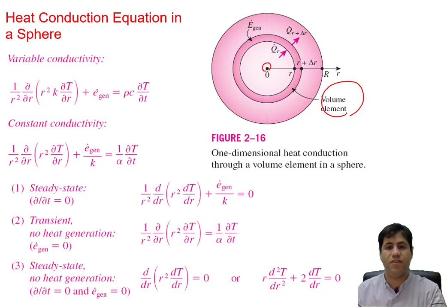We select the center of the sphere as our reference. Again here, the heat transfer is one-dimensional. Why? Because heat transfer is in the R direction from the center toward the surface. So again, we have one-dimensional heat conduction.